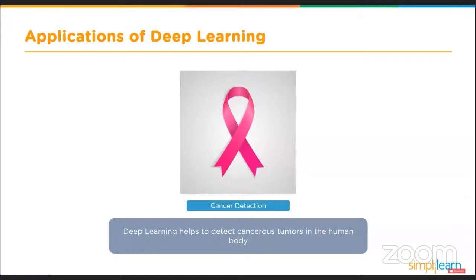So if we use deep learning, if we use automation or artificial intelligence here, then the system can, with a good amount of accuracy, determine whether a particular patient has cancer or not. So the prediction or the detection process of a disease like cancer can be expedited.